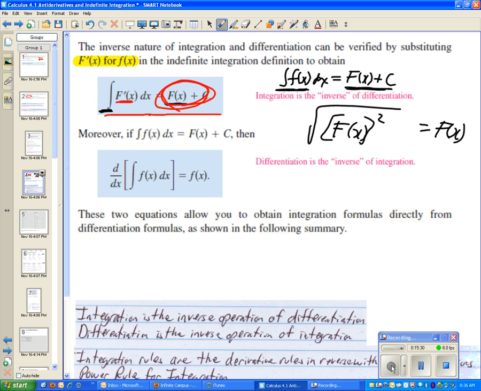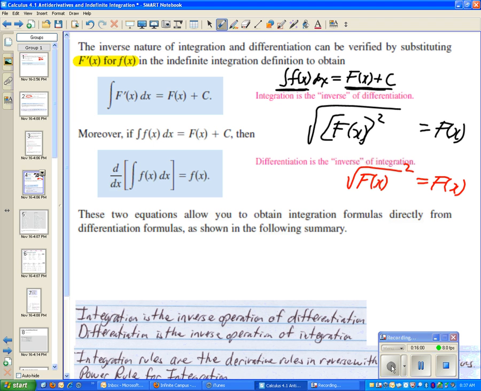The only difference is, since I took the antiderivative, antiderivatives can differ by a constant. So I've got to put the plus C at the end. Did you follow me? Get the inverse operation idea? Now, if I took its square root and then squared that, wouldn't it still work out that way?